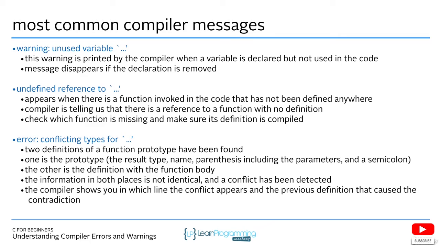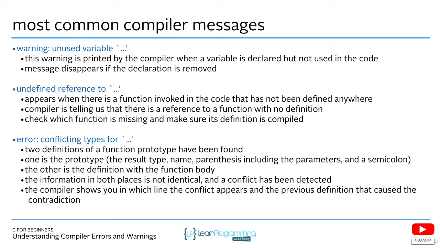You have a different return type, or a different number of parameters. And this is saying, hey, you have this one function declaration, and then when you go to implement it down below, it's completely different. So there's a mismatch. And this will actually show you on the line that the conflict appears in the previous definition that caused the contradiction.